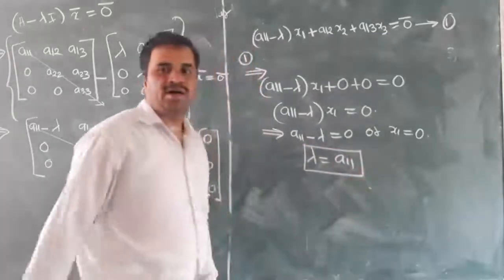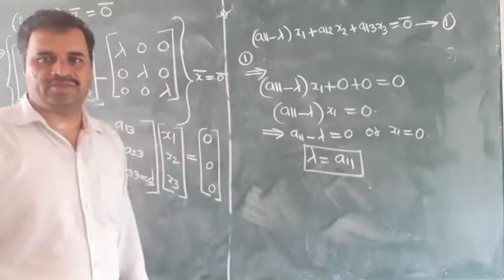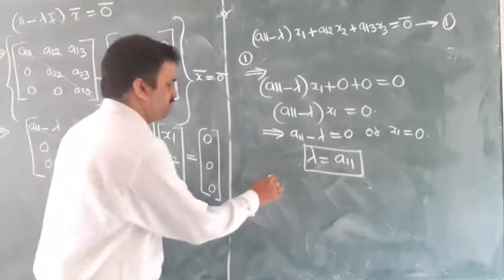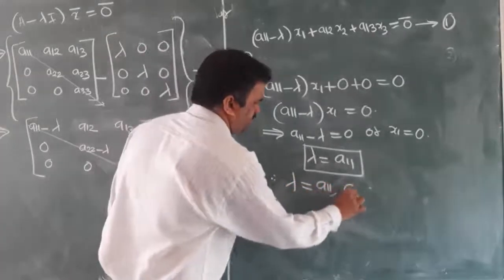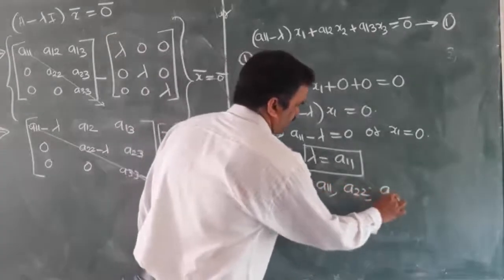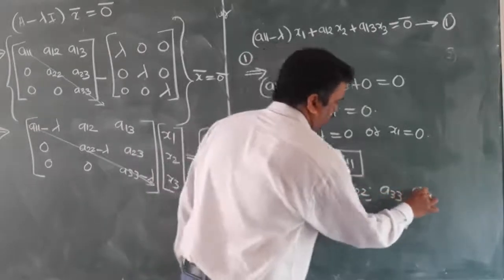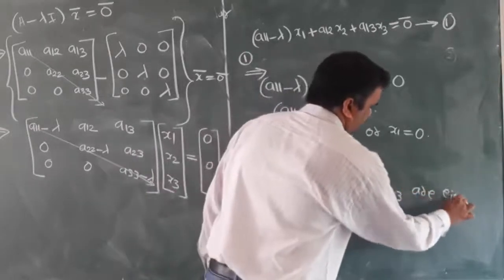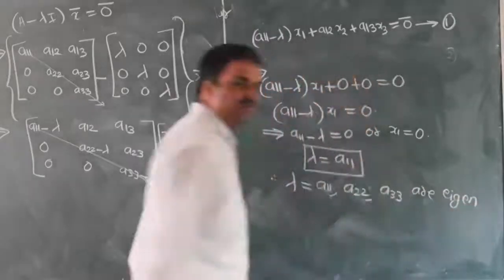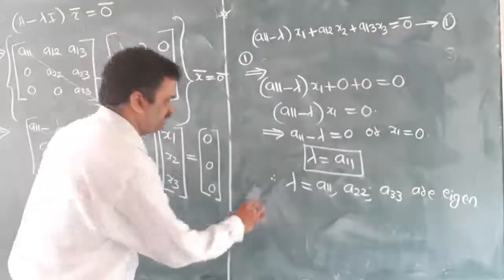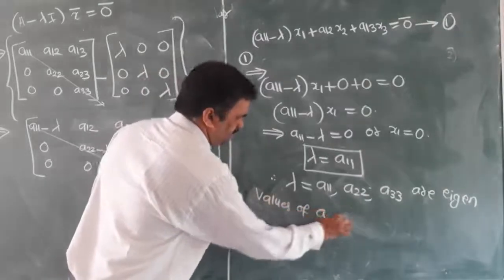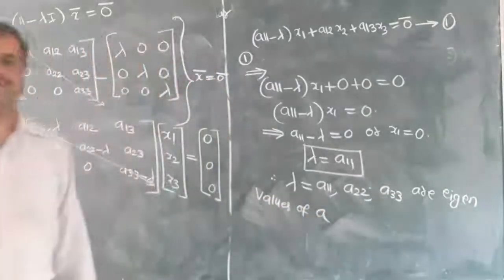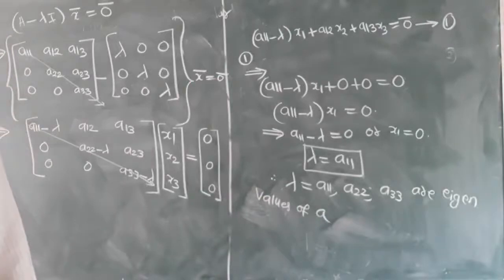So the three eigenvalues you got: lambda is equal to a11, a22, a33.